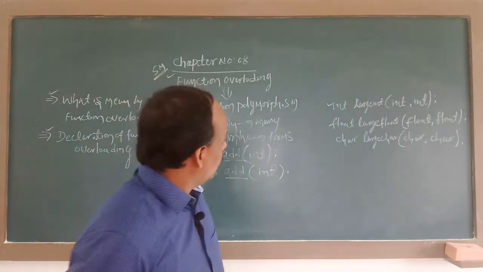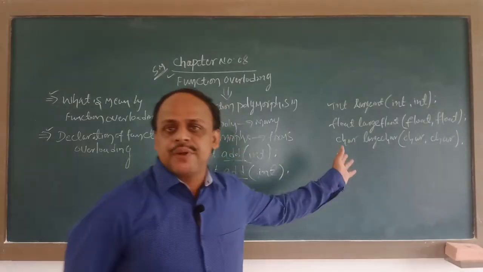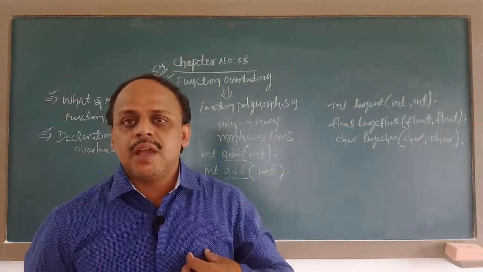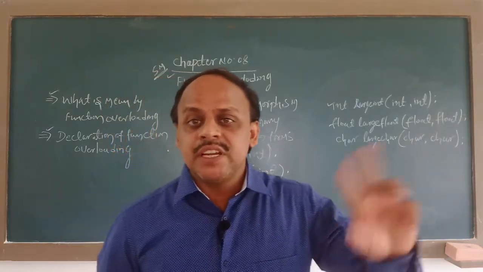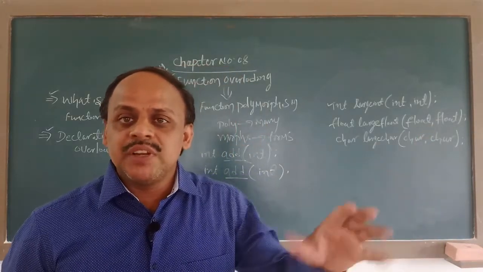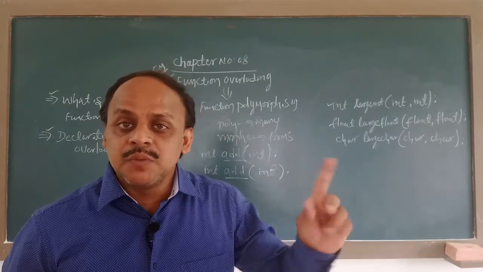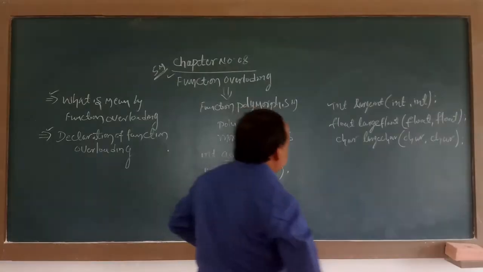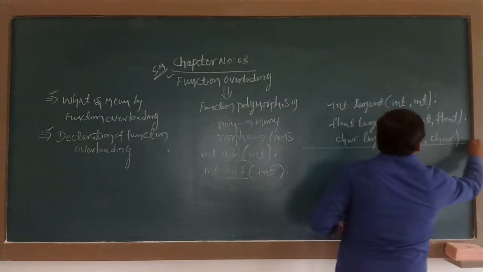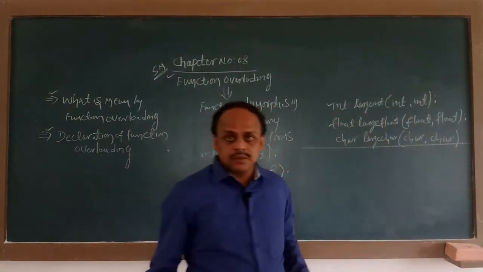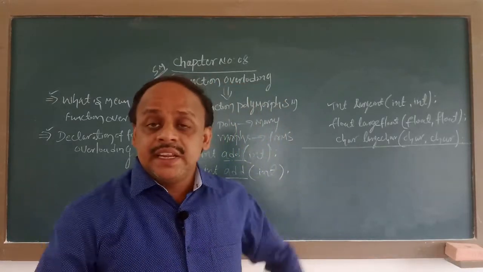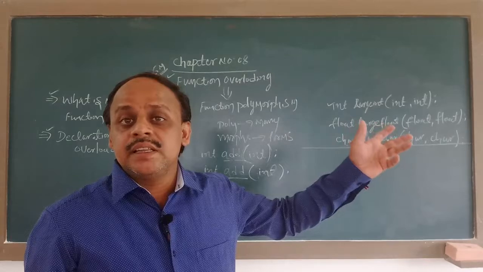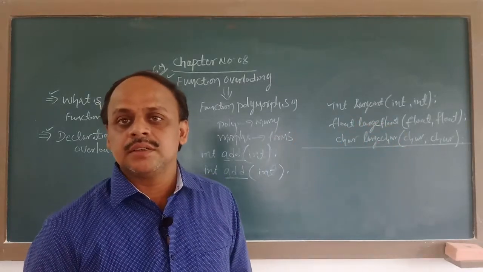Means we are going to perform the same operation on different data types. So our aim is to find the largest between two integers, two float numbers, and two characters, right? Here the aim is the same, that is to find the largest. But in C, to perform all these tasks, we have to consider three different functions.